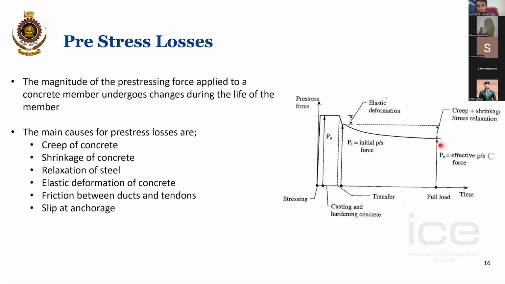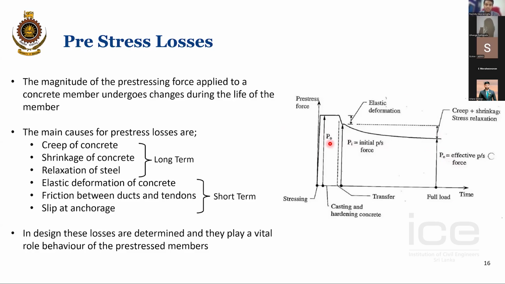In the long term, due to creep, shrinkage or stress relaxation of steel, further loss can happen. Eventually, at full load or working condition, you will have an effective pre-stress force of P_e, which is less than P naught, and even the initial force at the construction stage is less than the initial jacking force.